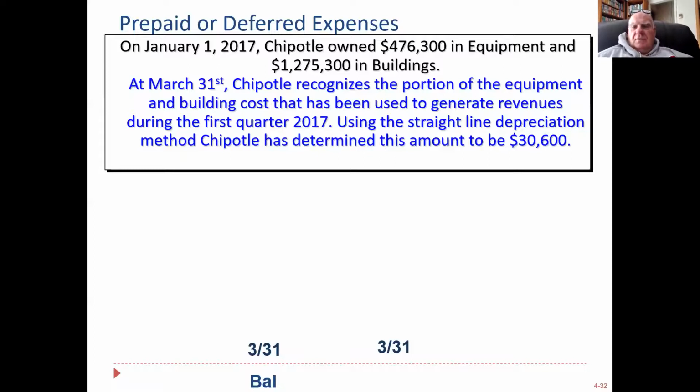You will never credit a fixed asset account unless you're selling it. So you buy a piece of equipment, and that piece of equipment lasts for 50 years. Whatever you paid for it, in this case, it's 476,300. That number will stay there in perpetuity. It'll be there forever, unless you get rid of the equipment.